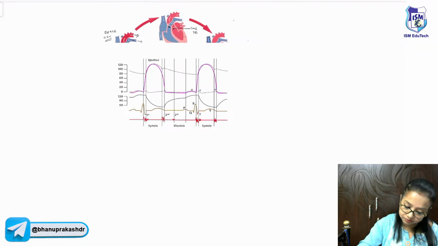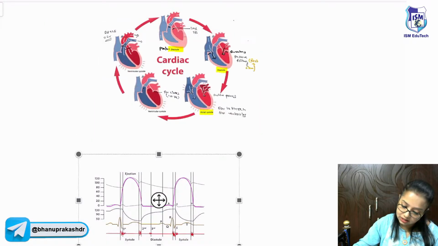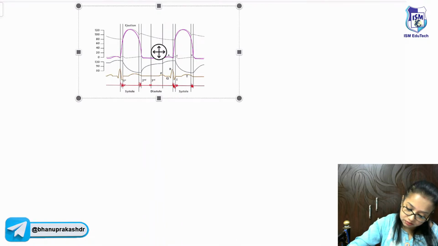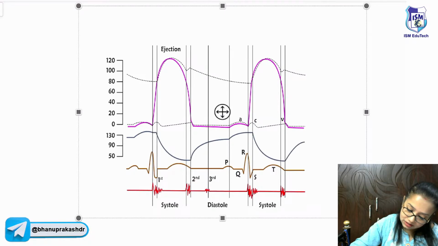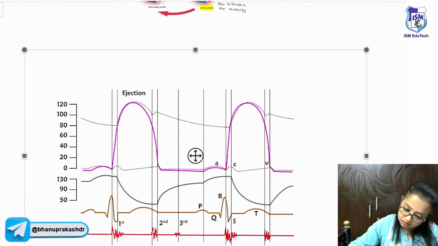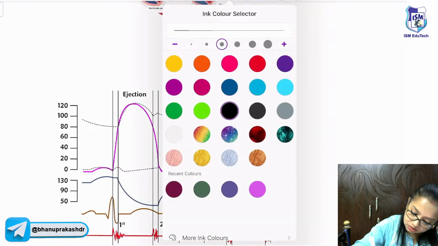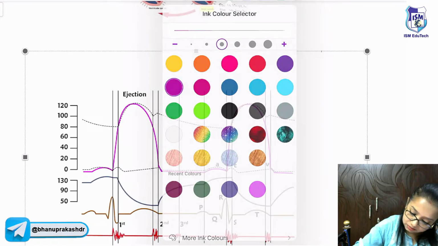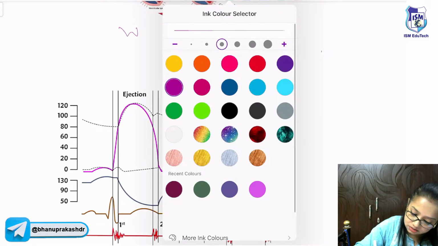See here, this Wiggers diagram. Let me write it over here first, it will be easy to remember and understand. Wiggers diagram.